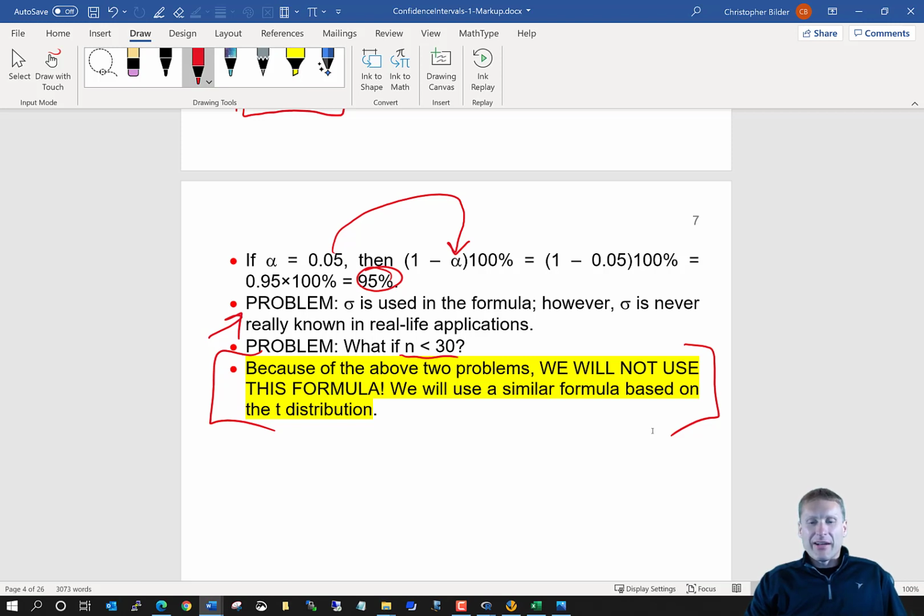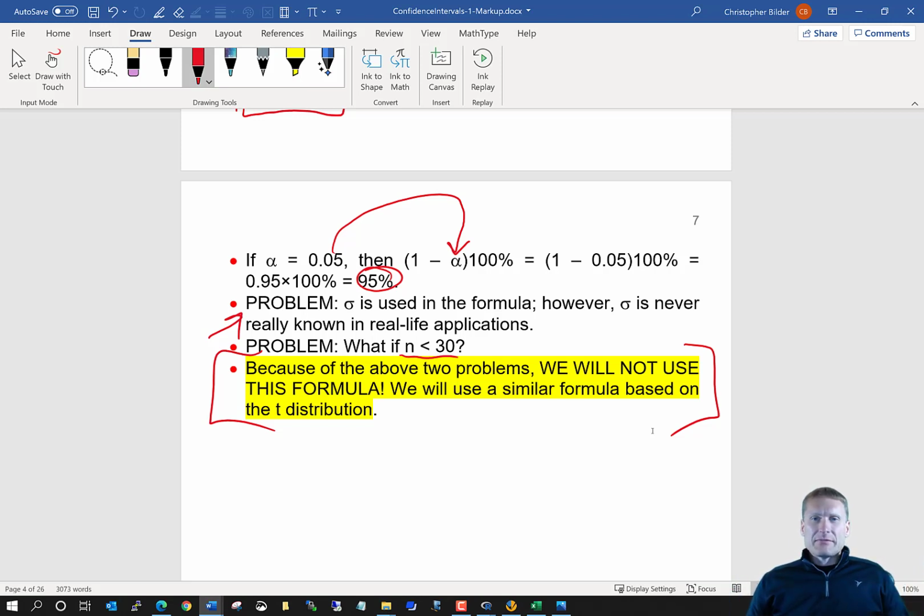Okay, so because of these 2 problems, we will not use this formula. Notice how that is highlighted. Instead, we will use a similar formula based upon the t-distribution. Now, please note, most introductory textbooks in statistics, unfortunately, still have students use the formula that we just got done doing. And then they say, in other circumstances, switch to using this thing that uses this t probability distribution.